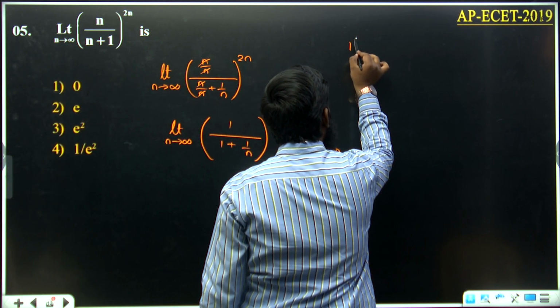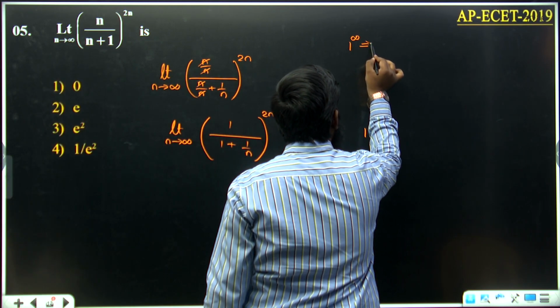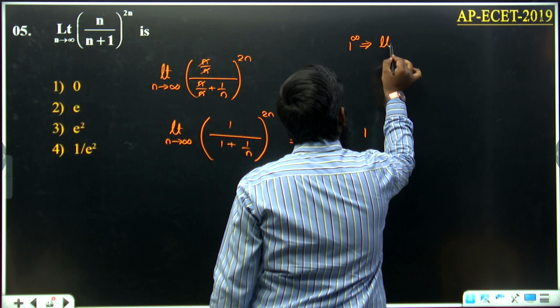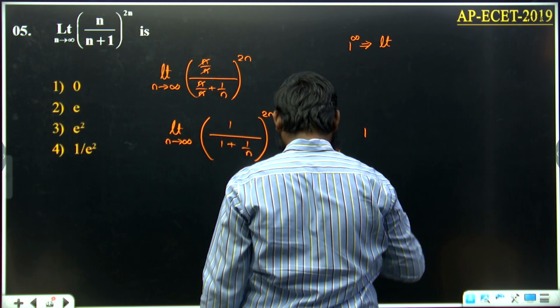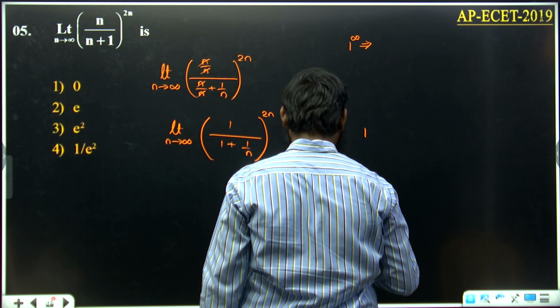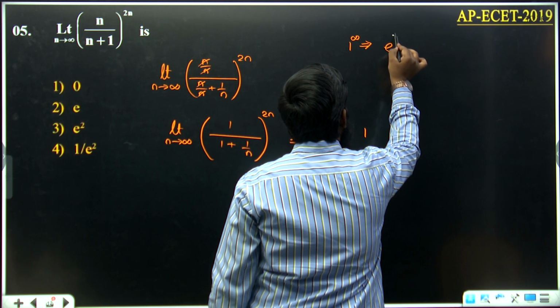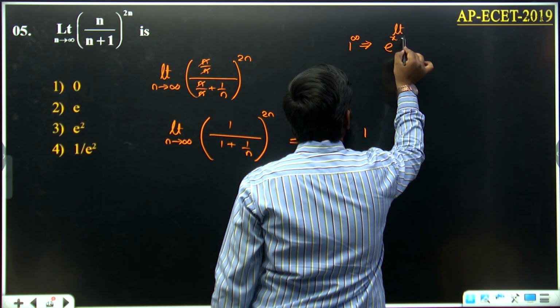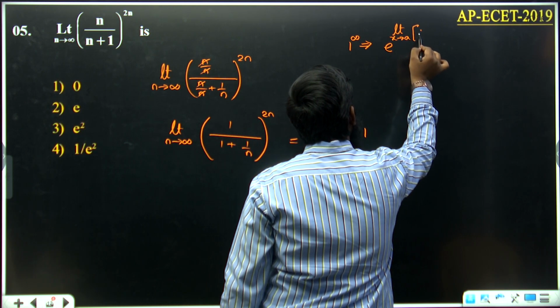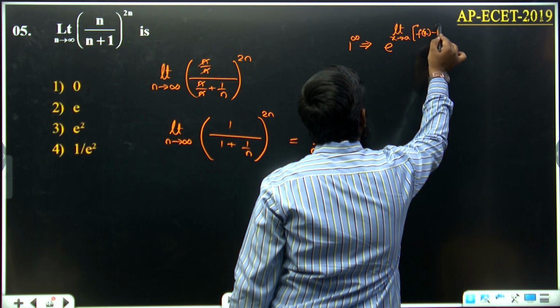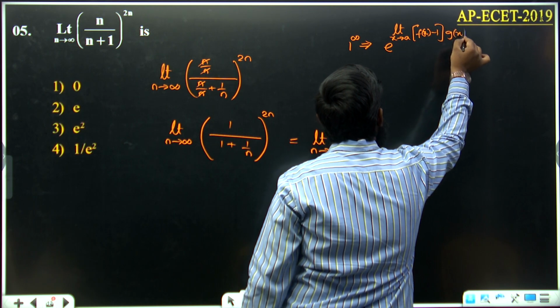If you want to go in deep of this part, we are having this formula, 1 power infinity means we are having limit for this 1 power infinity, we are having the formula e power limit x tends to a, we are having f of x minus 1 into g of x, okay.